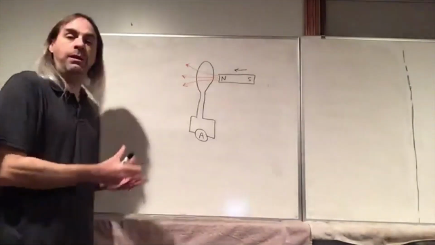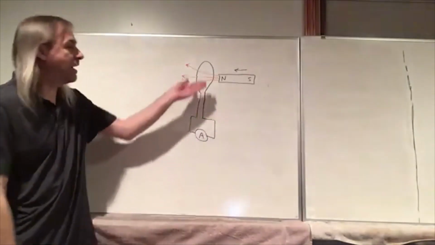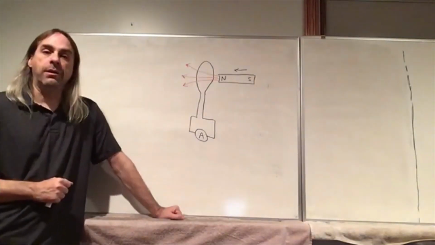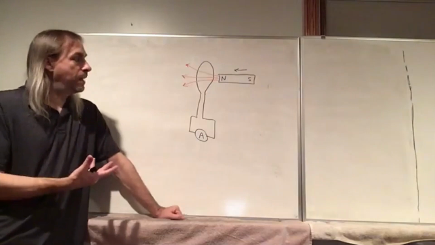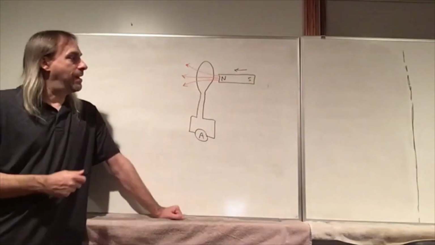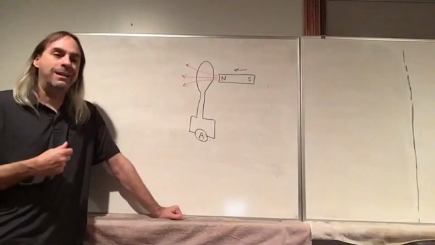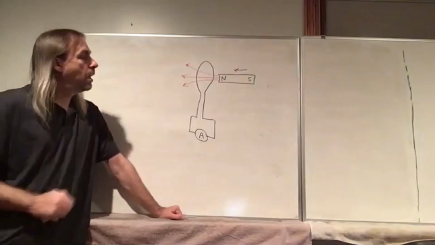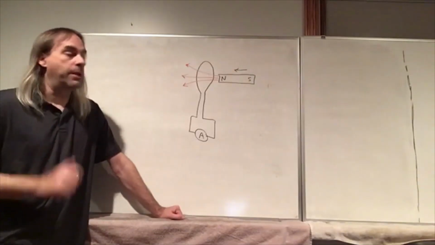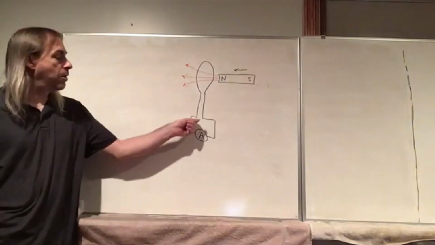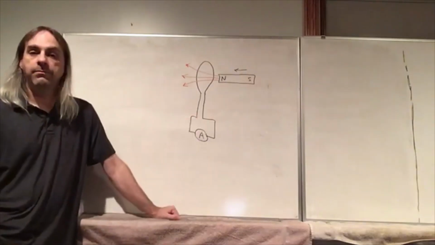So it's obviously the presence of the magnetic field in the region of the coil that is creating this current, but just the magnetic field existing there isn't enough. It needs a changing magnetic field. Well, it seems to anyway. It seems to require a changing magnetic field in order to create this current.